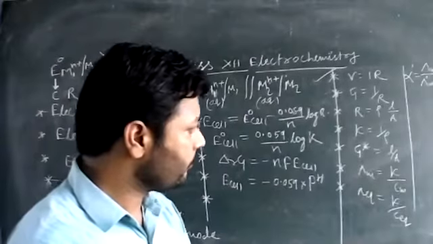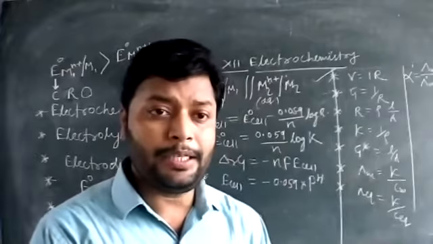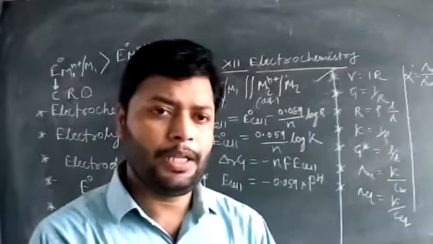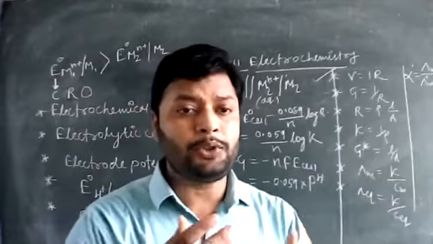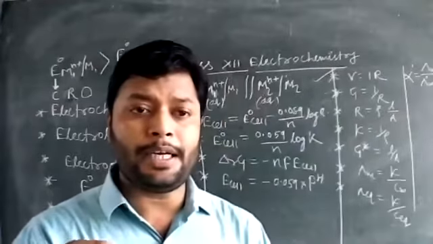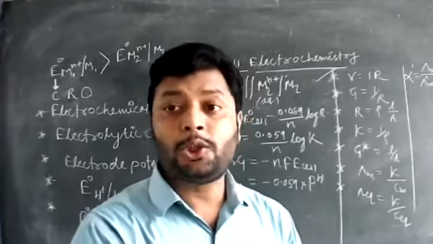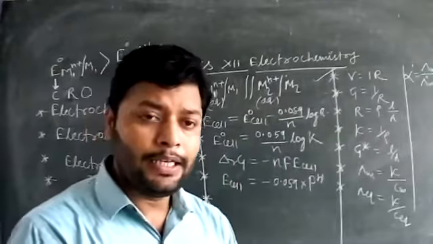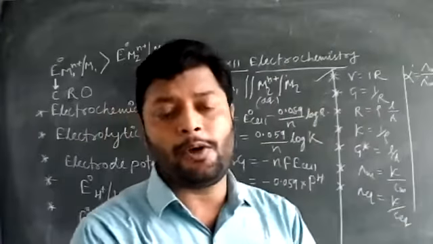Class, actually there is a very fine difference between molar conductivity and conductance. Conductance means the ease of flow of charge through an electrolyte. When charge flows through any electrolyte, it must have a tendency to conduct electricity through it. So the ease of flow of charge through an electrolyte indicates the conducting power, the conductance, of that electrolyte.